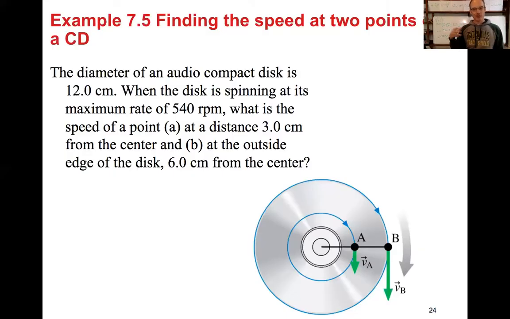If you're circling around a merry-go-round, you can perceive speed being different, but the weird thing is that the angular speed is the same. That's a weird idea because if you're sitting on top of this compact disc, it would absolutely feel a lot different at position B than A.